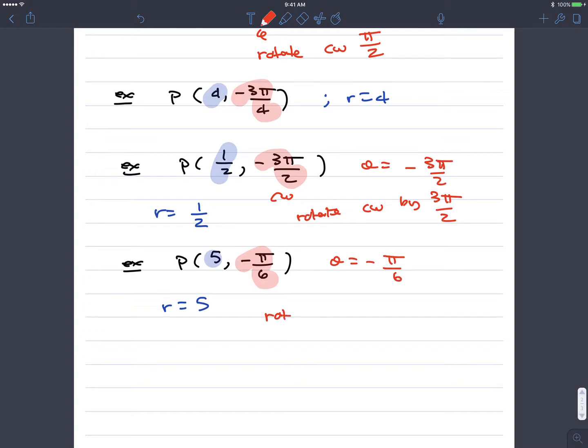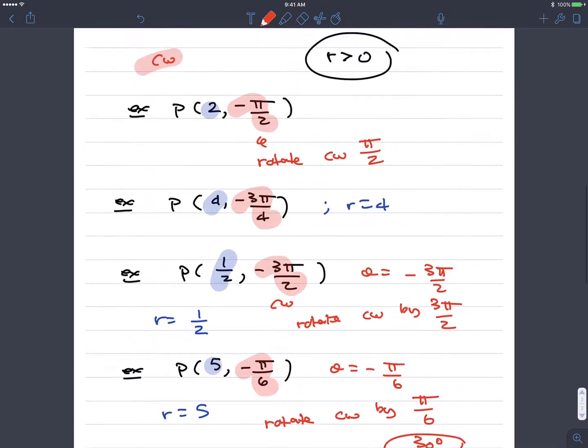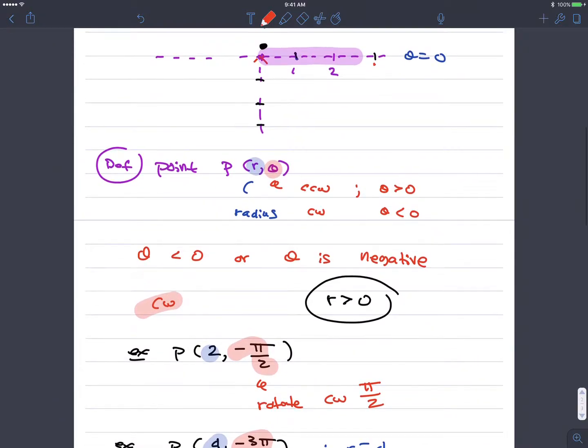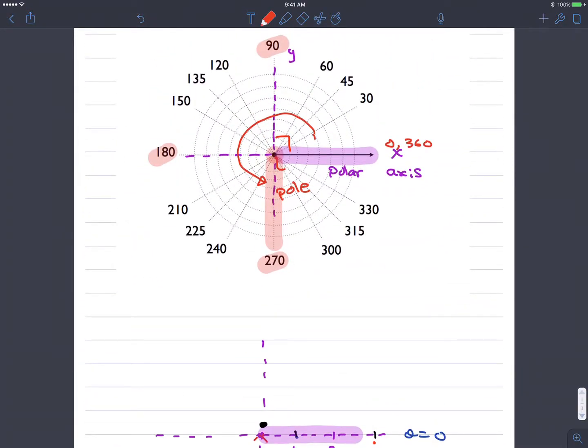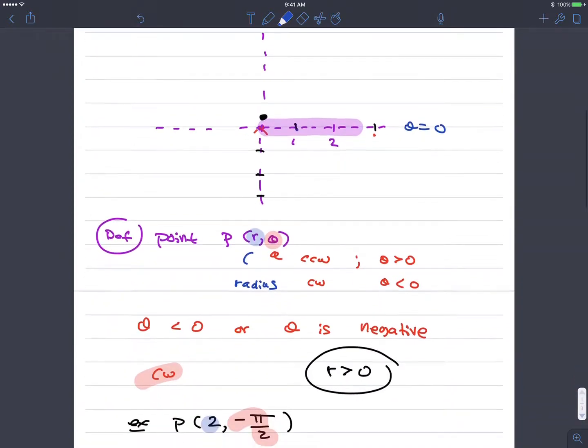So we're going to rotate clockwise by, you can say pi over 6 or by what? 30 degrees. All right, what might that look like? Maybe you want to go back up here. Doesn't it kind of look like this? Is that rotating 30 degrees? 360 to 330? So, okay, it looks like that in that direction.